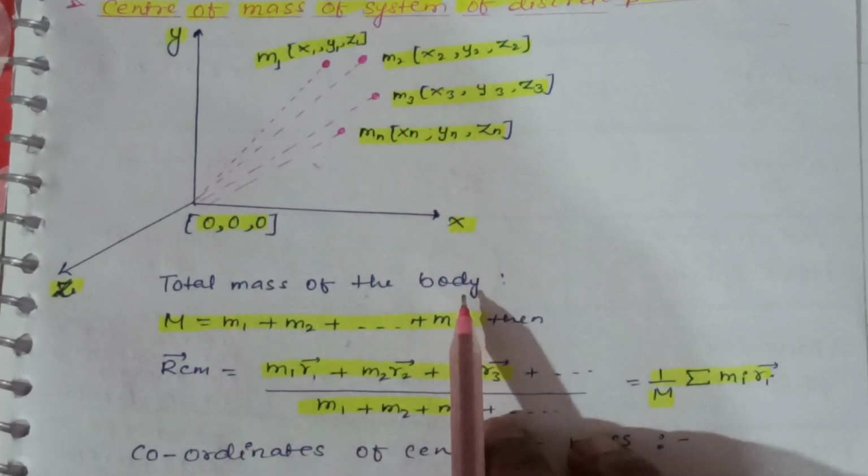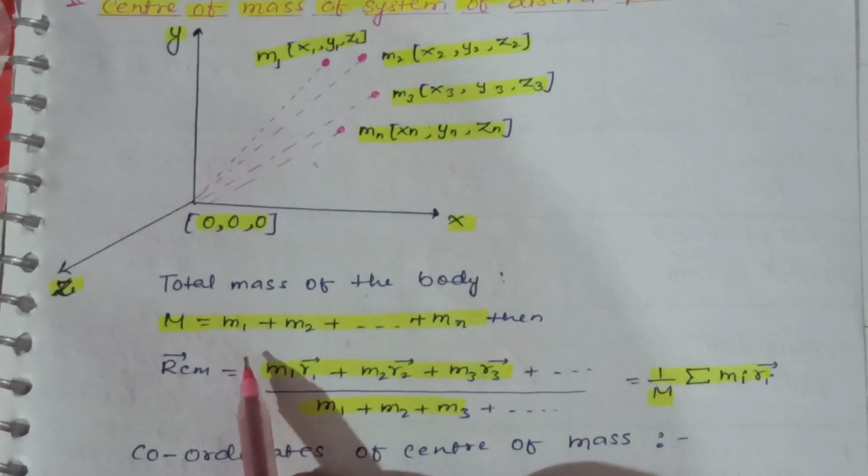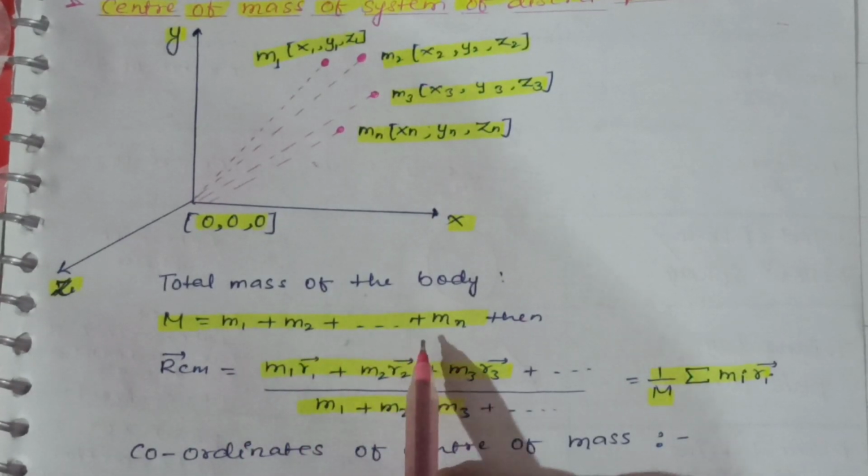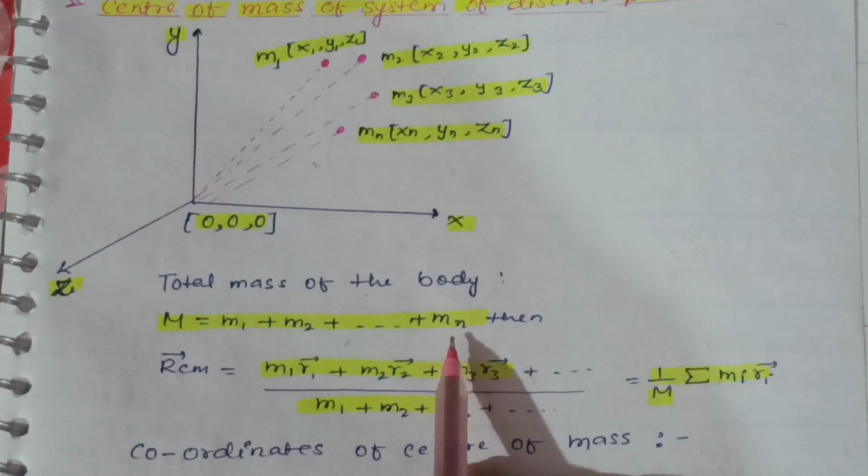The total mass of the body M is equal to m1 plus m2 and so on up to mn.